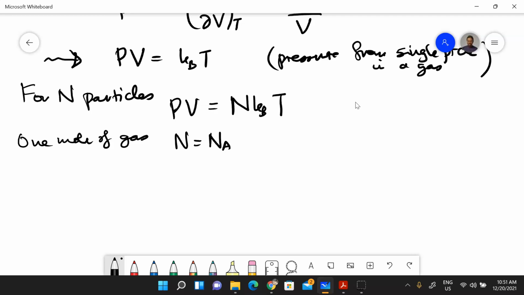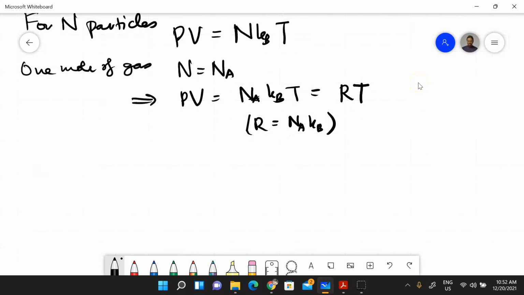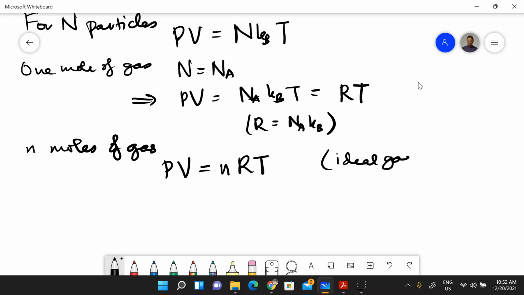So you have PV equals NA kBT, and this is normally written as your gas constant times T, RT, where R is essentially just NA kB. For n moles of gas, you can generalize again, and then you have PV equals nRT, which is the thing that you have learned about the ideal gas.